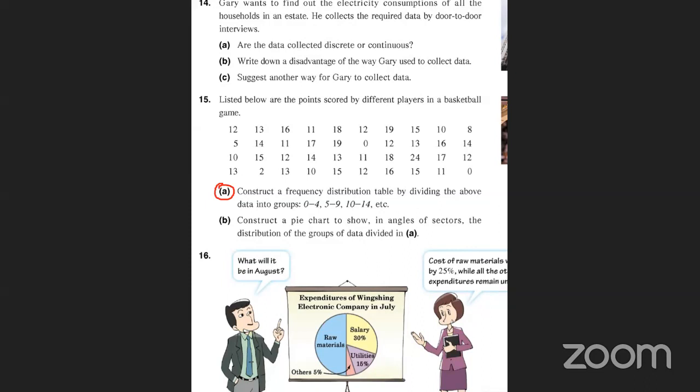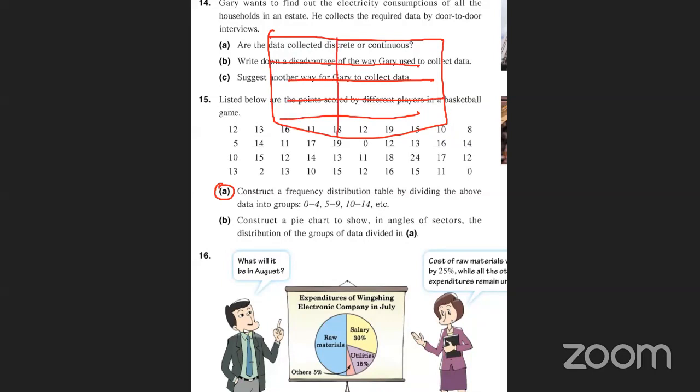And then for part B, now after you have constructed the frequency distribution table, imagine you have the data like that, right? And then say 0 to 4, 5 to 9, something like that. And then there's a frequency here. This one is 3, etc. After you have got this frequency distribution table, this column and this column are the most important.